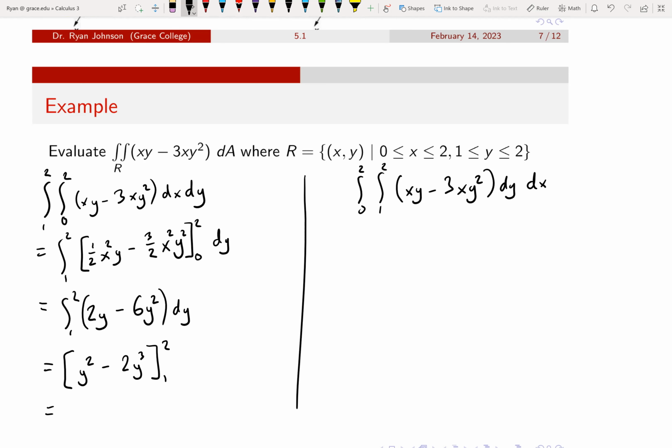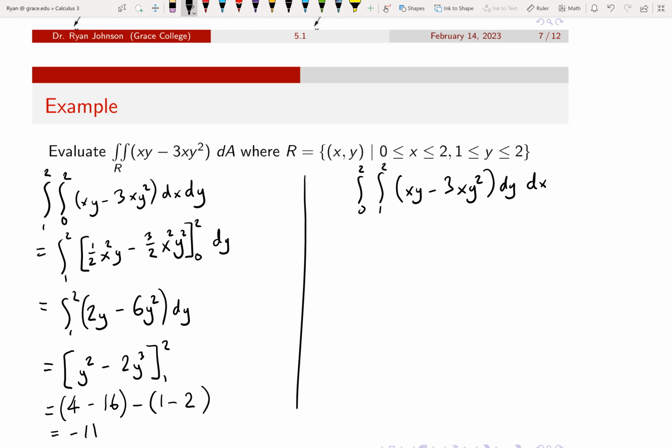Plugging in 2, I get 4 minus 2 times 8 is 16, minus plugging in 1 is 1 minus 2. So that's negative 12 minus a negative 1, which is plus 1, so that's negative 11.